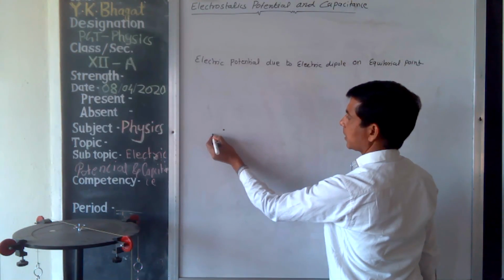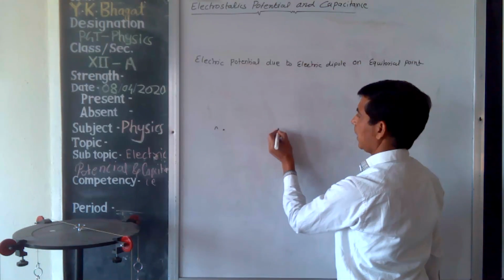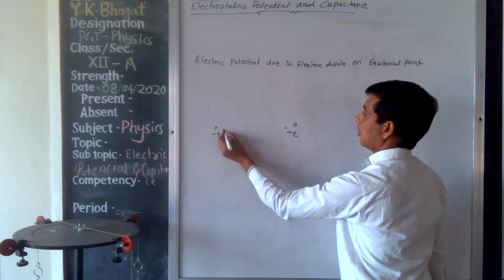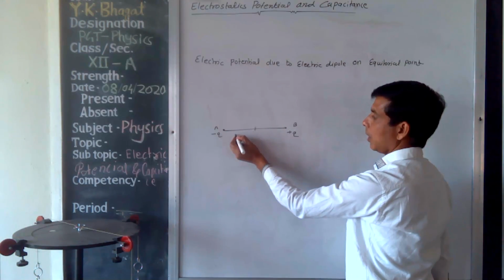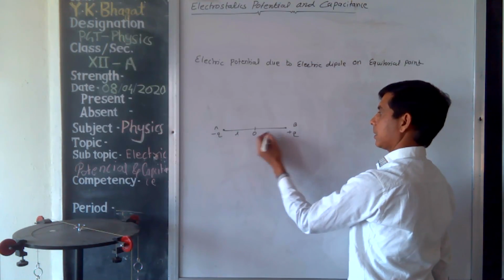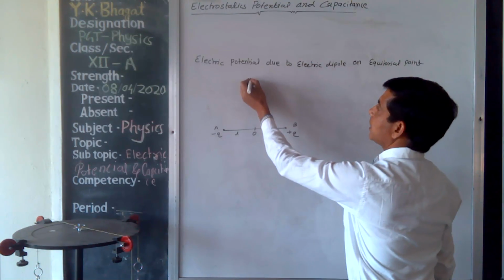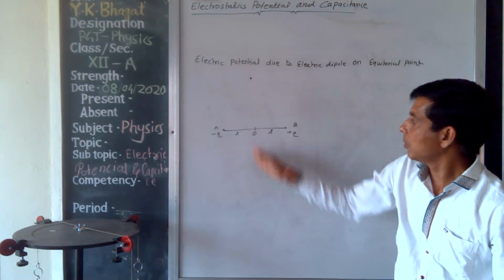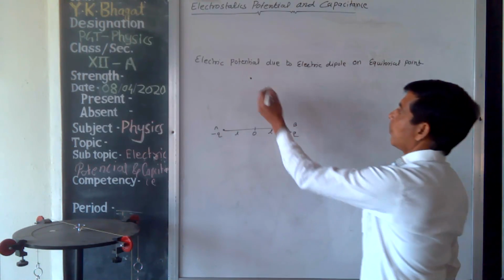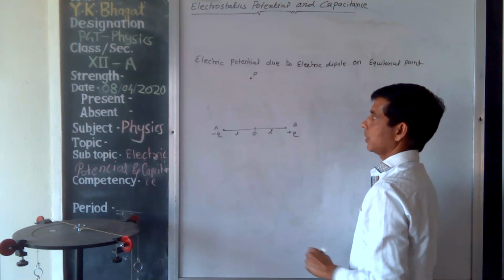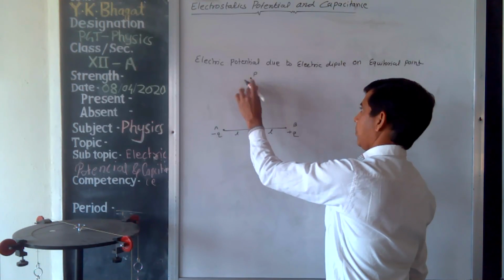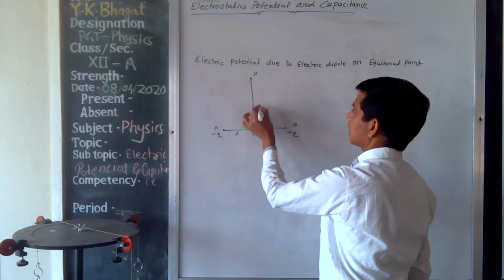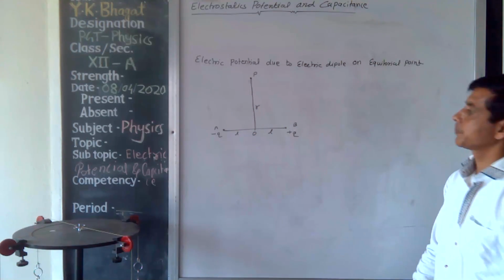Similar to the previous topic, we take electric dipole AB having charges minus q and plus q, separated by distance 2L, the center point is O, that means the distances will be L and L, and P is the equatorial point, present on the perpendicular bisector, where we find out electric potential. The point P is separated at distance r from the center of the dipole.